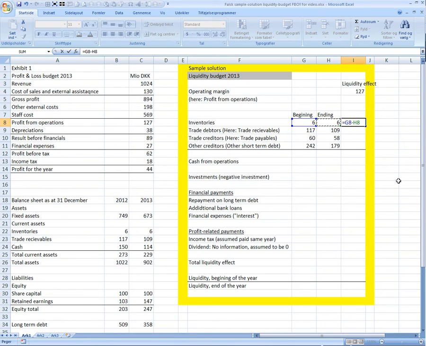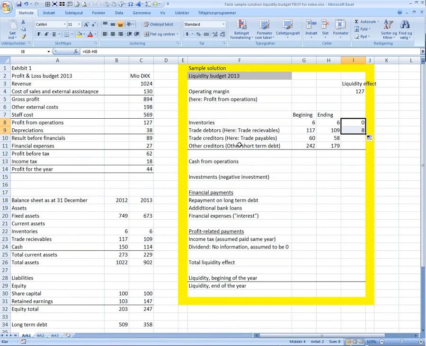I hope that's right. Would give 0 in any case. What we have trained in class is that the trade debitors will behave in the same way, so we can copy down this formula. So here we had a fall. That trade debitors fell, and that's actually good for the liquidity. They don't have to finance this money to offer credit to the customers.